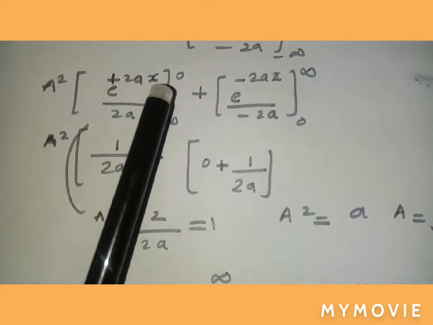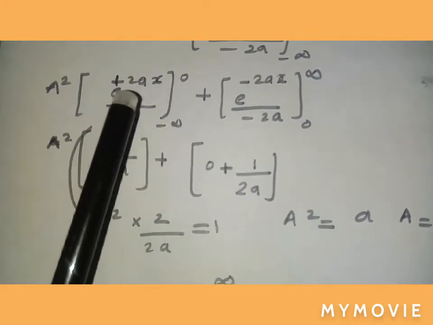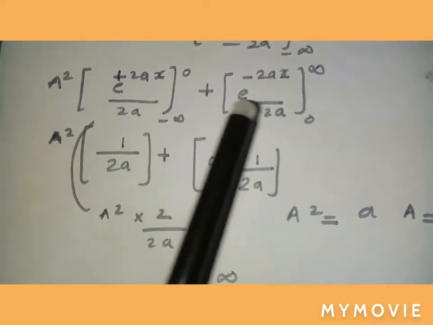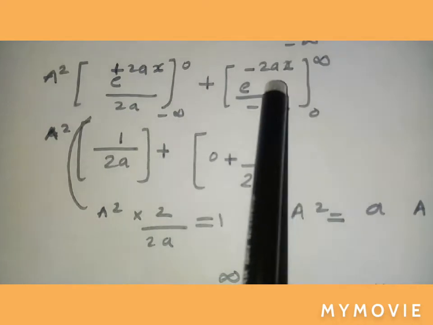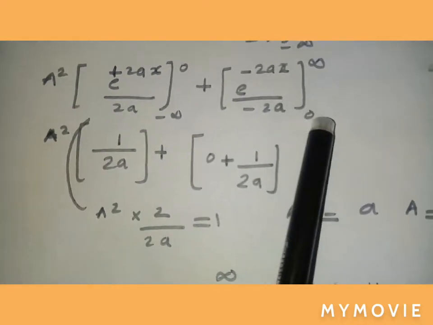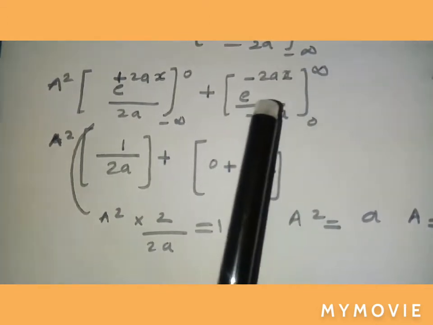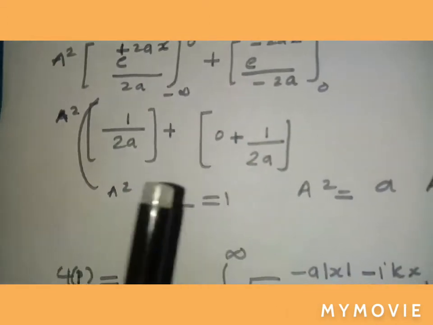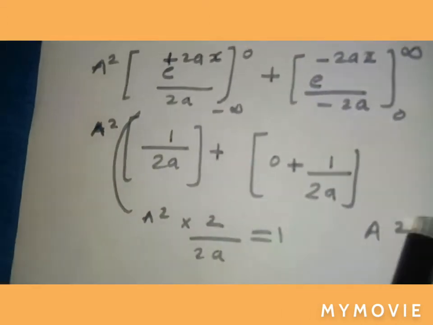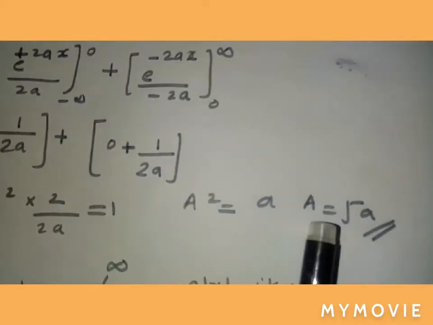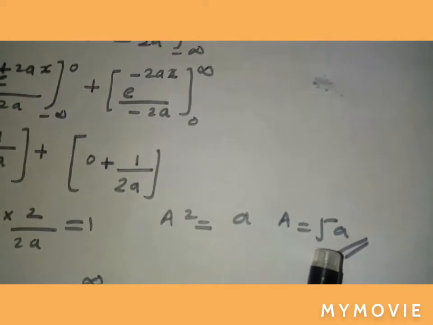Putting the limits, e raised to 0 is 1, so we get 1 by 2a. At infinity, e raised to minus infinity is 0. Here also putting infinity gives 0. Putting 0, that is minus 1 by 2a. Already there exists a minus, so we get the answer as 1 by 2a. So 1 by 2a plus 1 by 2a, we get 1 by a. So A is equal to under root a.